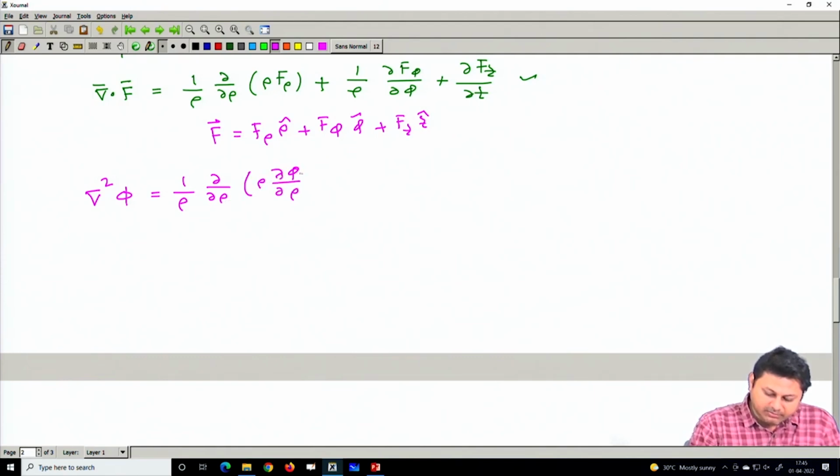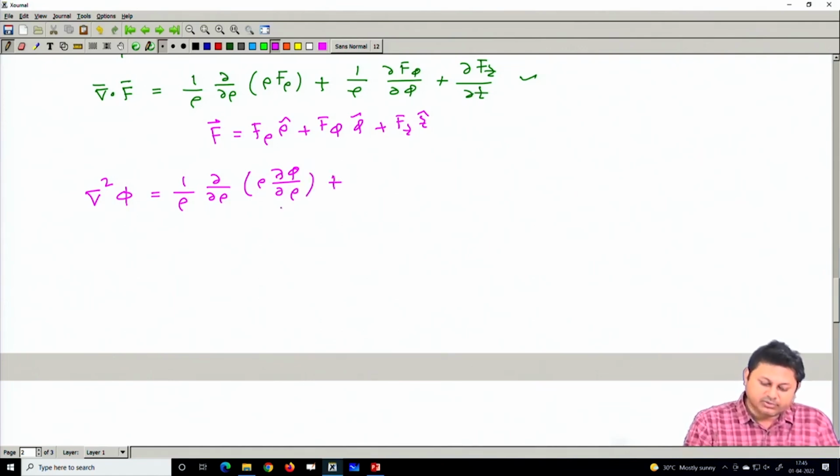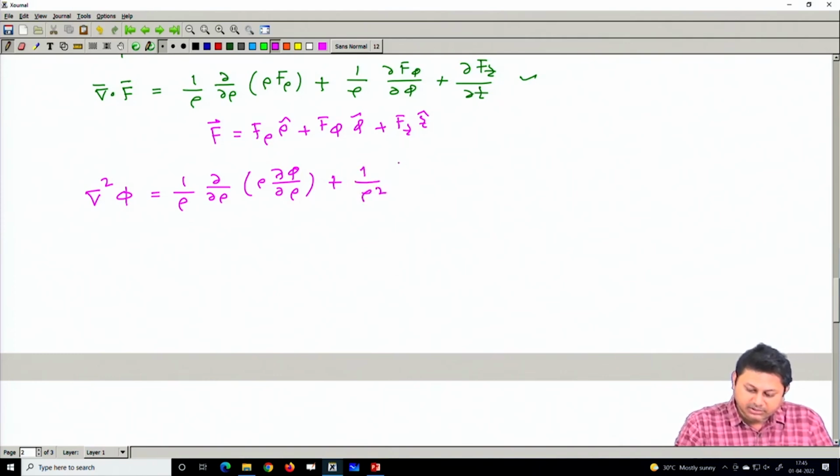A little bit complicated because two operations are simultaneously done here, and if you go to the generalized form and try to understand, you will find the result, 1 by rho square, next term d2 phi d phi square.